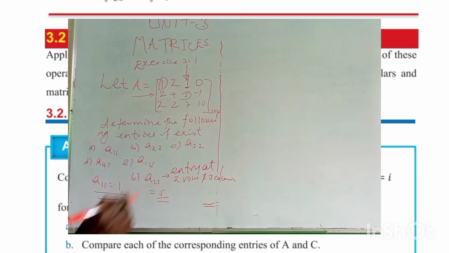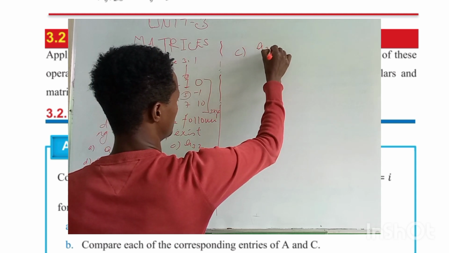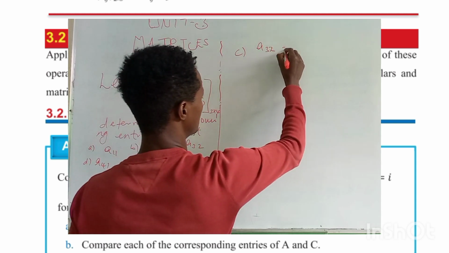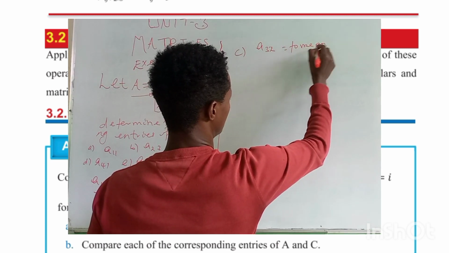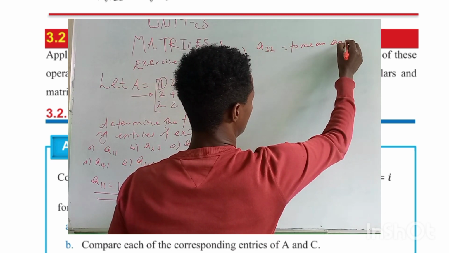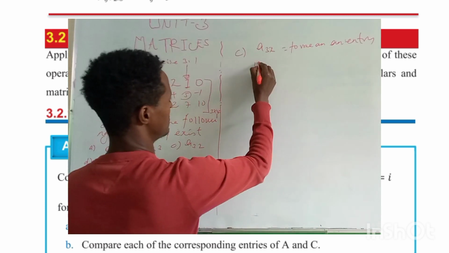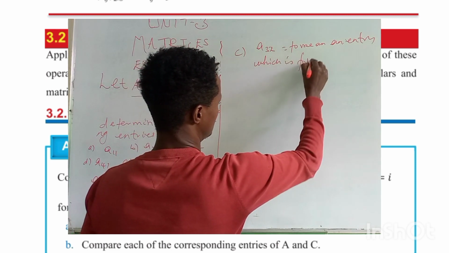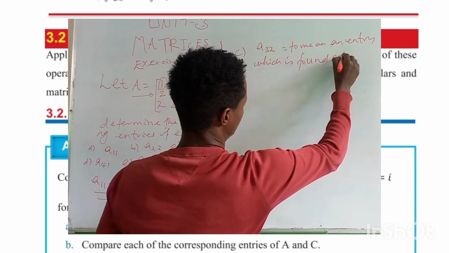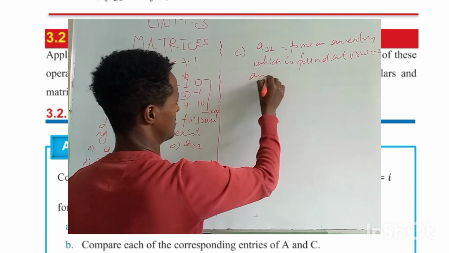The other question is C, which is A32. This means an entry found at row 3 and column 2.